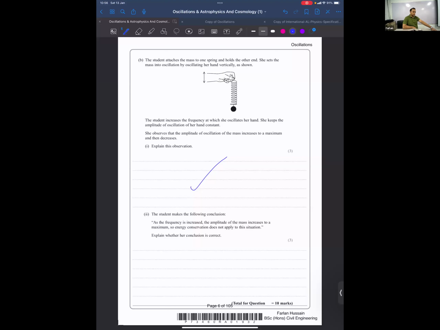This is when the driving frequency is equal to the natural frequency of the spring-mass system. Okay.